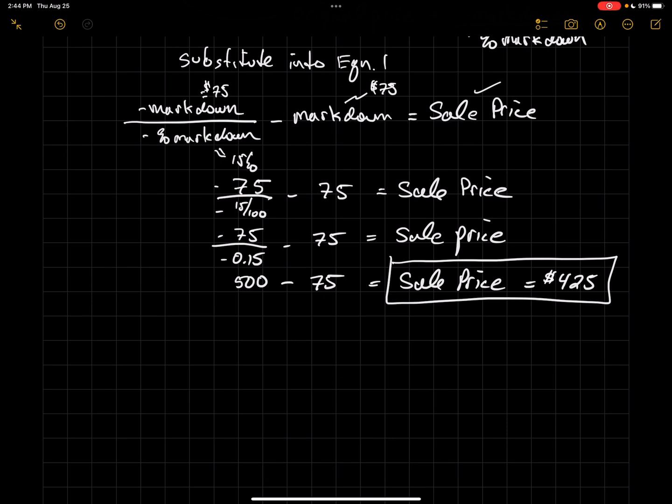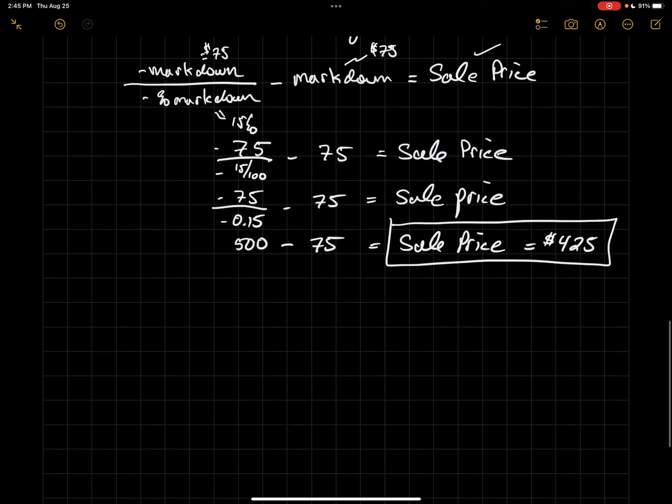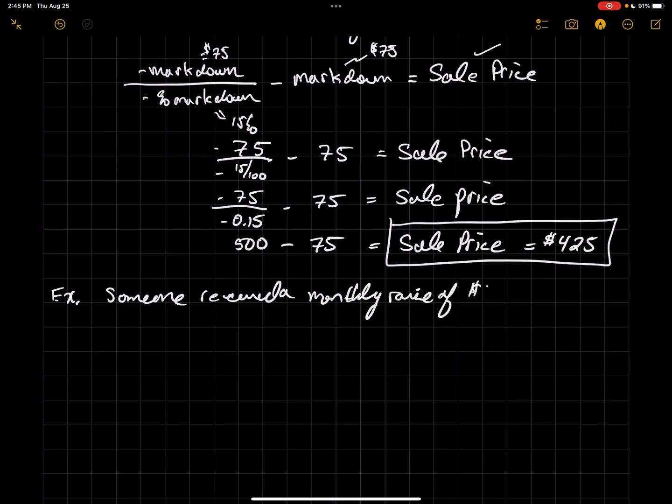Okay, so let's do another example, and we can go through this one a little more quickly since we've taken more time on the first example that we did. So in the second example, we have a person receiving a raise of $162.50.